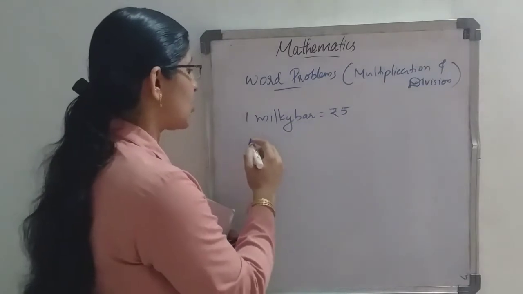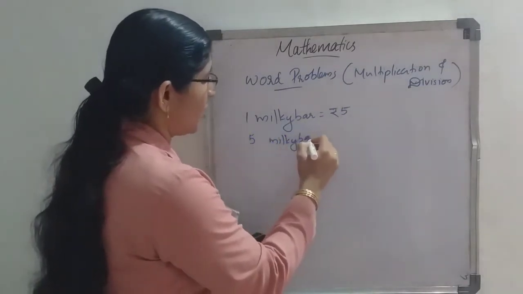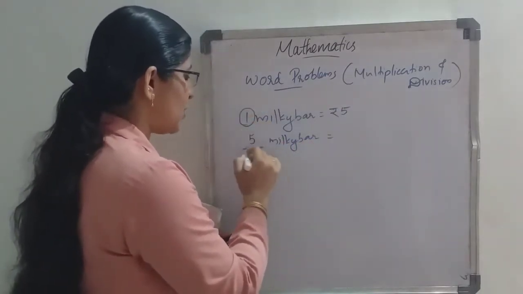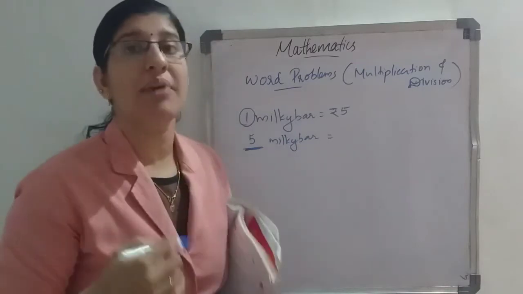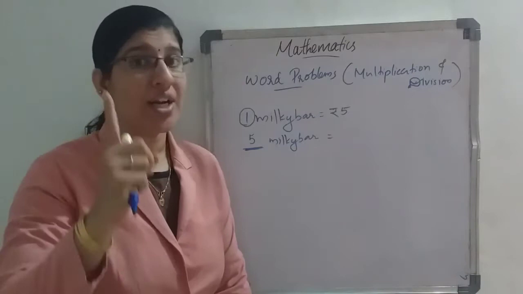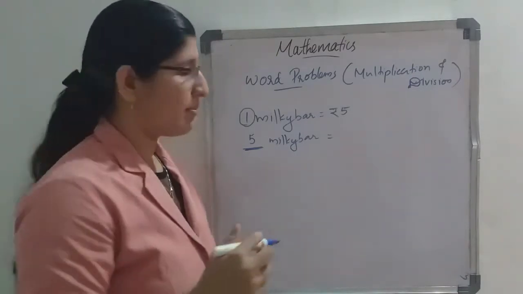So what about the cost of 5 Milky Bars? How will you find out? I already told you, whenever the cost of 1 is given and you need to find out the cost of many things, you need to do the multiplication.